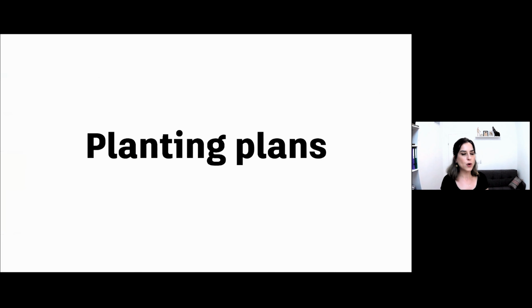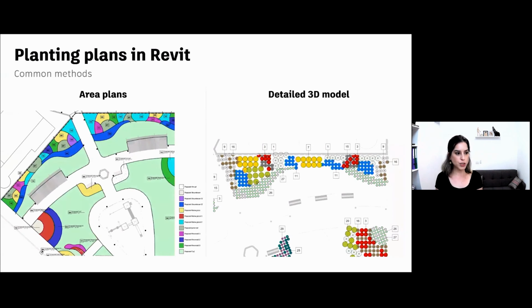And now I want to talk about the overall approach of how to design planting plans in Revit. There are two main approaches. The first one is pretty easy. Again, if you already use Revit, if you're a BIM manager, this is nothing for you. You can see the area plan. This is very common actually in landscape. Also when we work in CAD, we use hatches. It's just that area plans in Revit are a lot more useful than hatches.